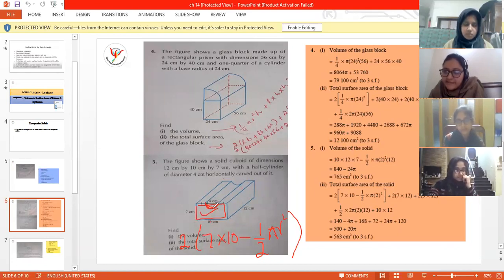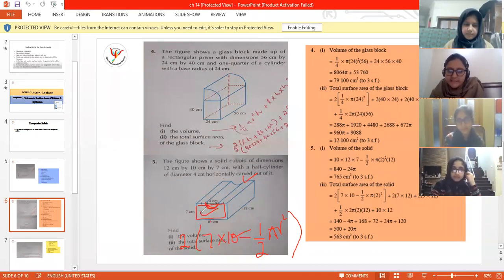What is the formula to find the base area of the semicircle? Pi r square, divided by 2. Right? Clear? So this is the first side and the back side is almost the same. So it is 2 into 7 multiply 10 minus half into pi r square. Is this clear? Yes, ma'am.